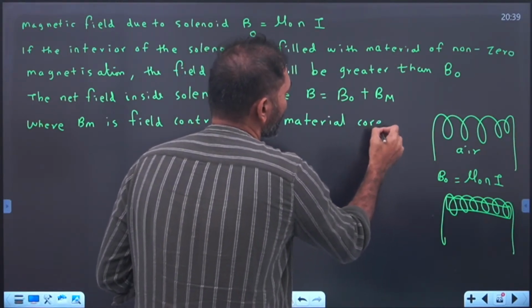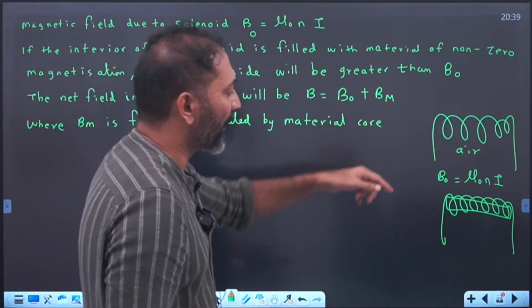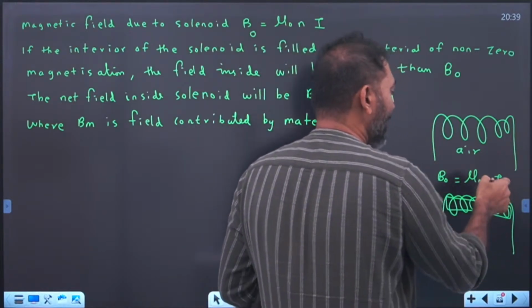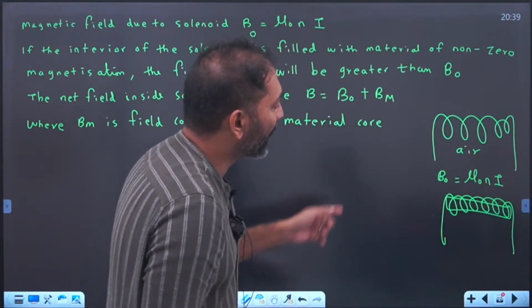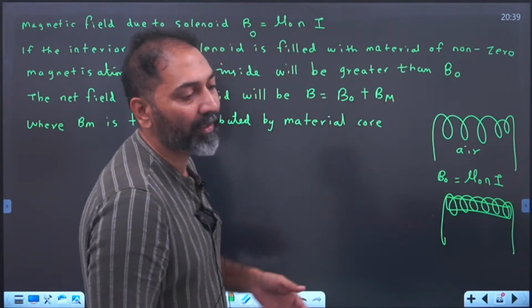So, suppose B0 is the field due to air and we are introducing an iron rod. Then the field contributed by the iron rod is Bm.